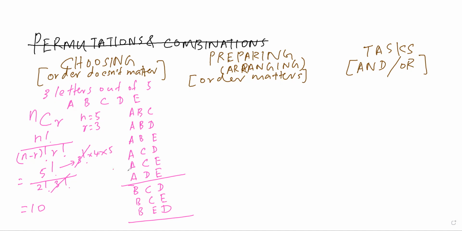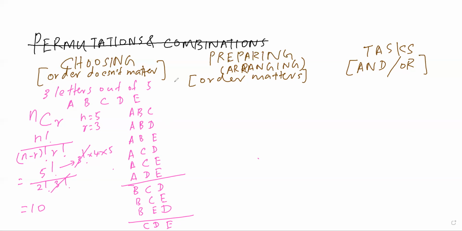So what's remaining is C, D, E. Okay. See, you can actually write it down, right?